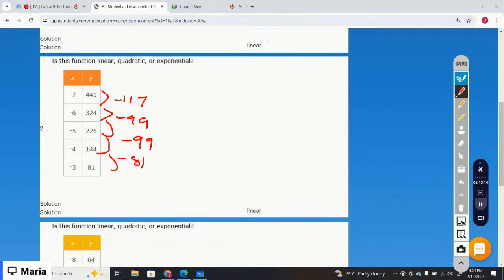And then 81 minus 144 is negative 63. Hold on. So how is it linear then?